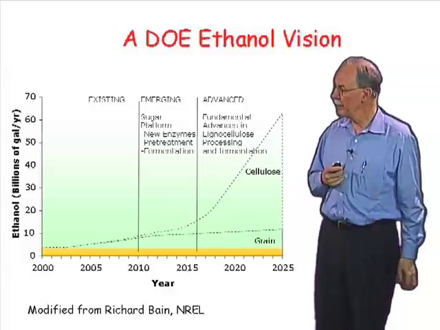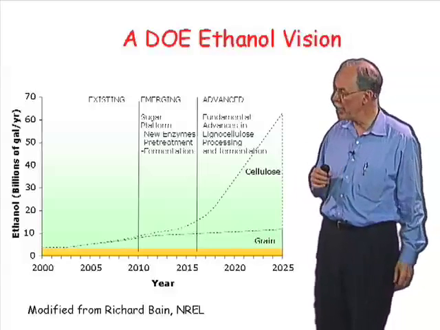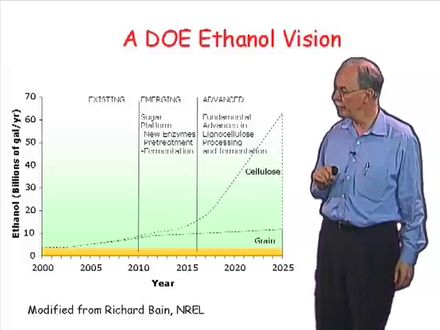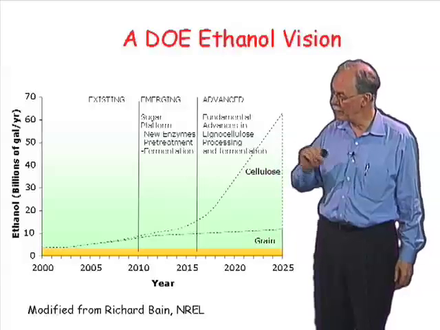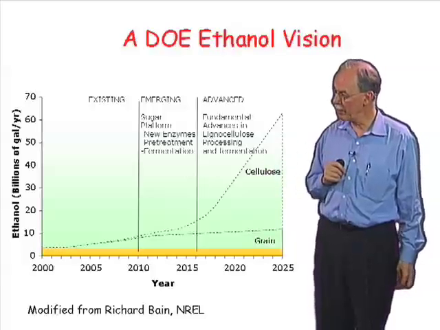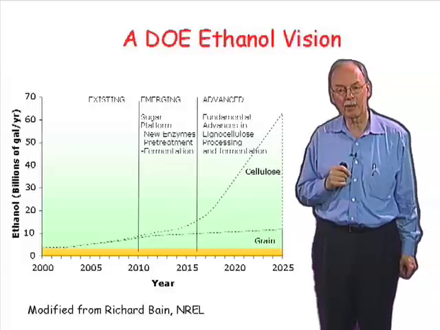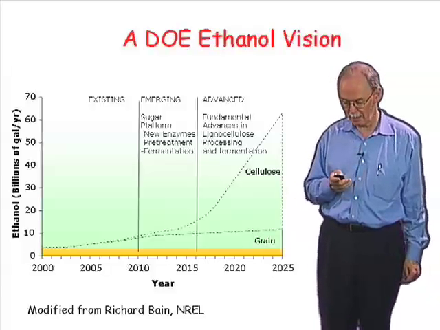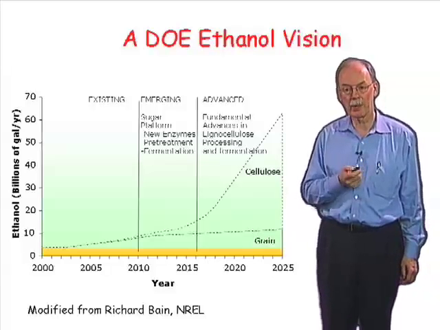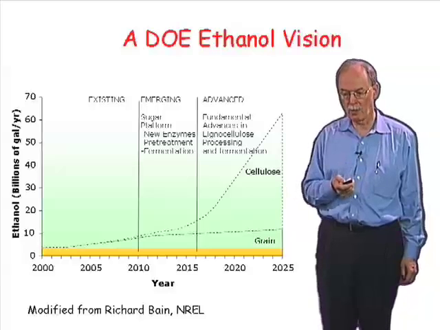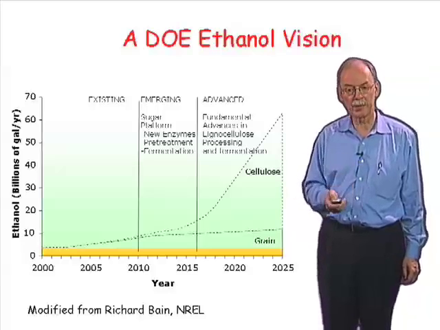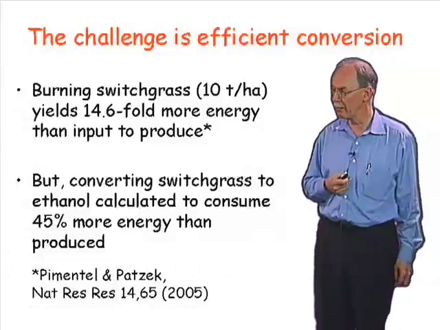All right, so in thinking about where this is going, since we can't meet our energy needs with corn grain, it's generally thought that during the coming years we'll start to see an increase in the production of ethanol from cellulose, or lignocellulose as it's sometimes called. And so mostly what I want to address now is what does that mean in a practical sense, and what are the challenges with doing that?